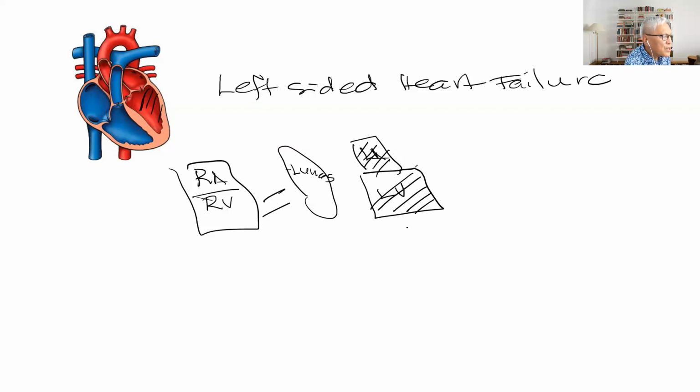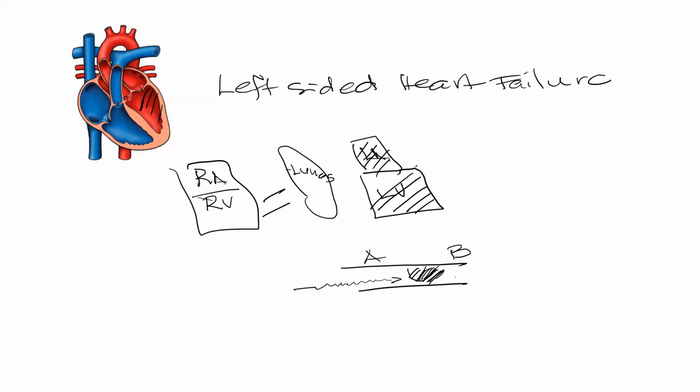So if this is going to be similar to a traffic or a road, and this area is not functioning well, right there, where would congestion be occurring? Is it going to be point A or point B? If the cars are coming this way, will congestion occur in A or in B? A. All the cars will be in here, right? They will all be congested right over here.